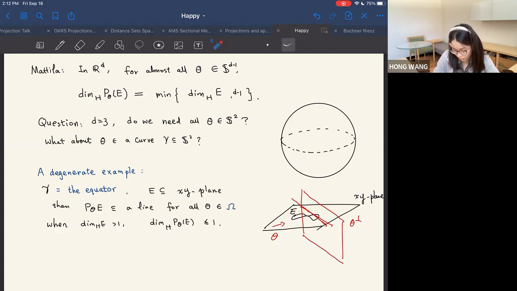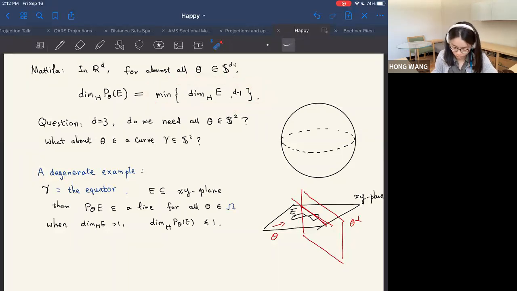In particular, when the Hausdorff dimension of E is strictly greater than 1, since the projection image is contained in a line, the Hausdorff dimension is less than or equal to 1. So this is a degenerate example showing that an analog of this is not true.